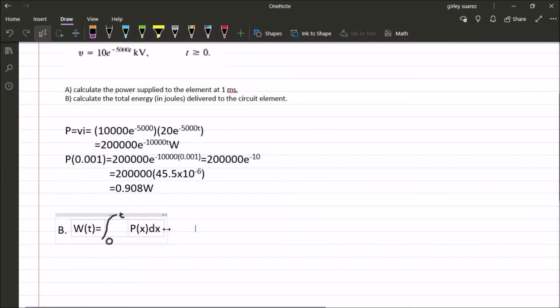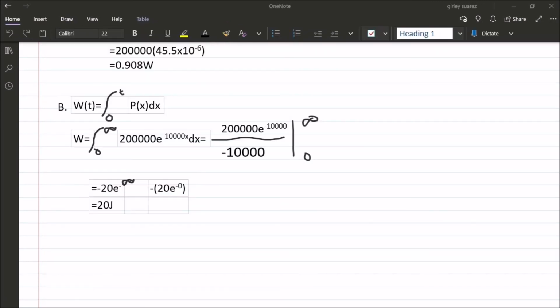After integrating the equation, we evaluate at infinity and at 0. The remaining term at infinity goes to 0, and what remains is 20 joules.